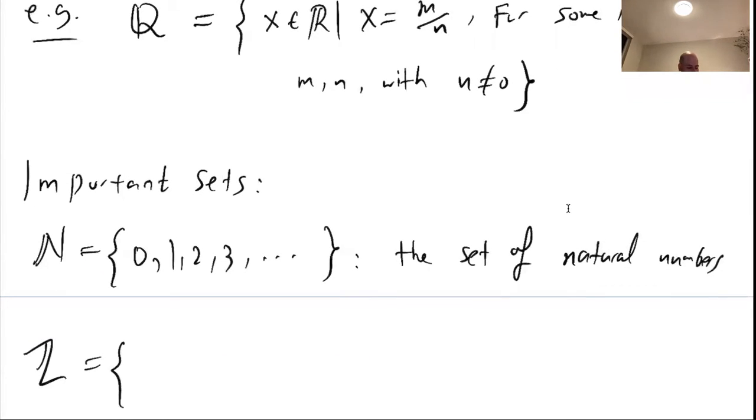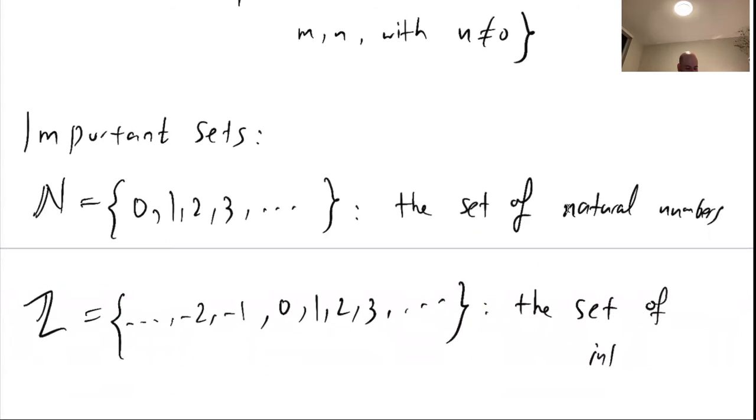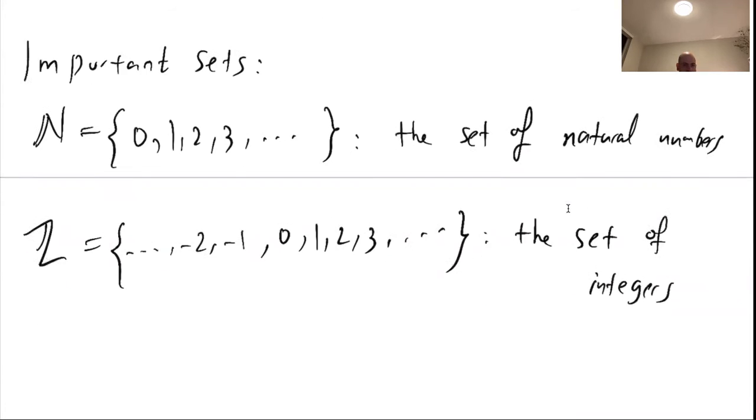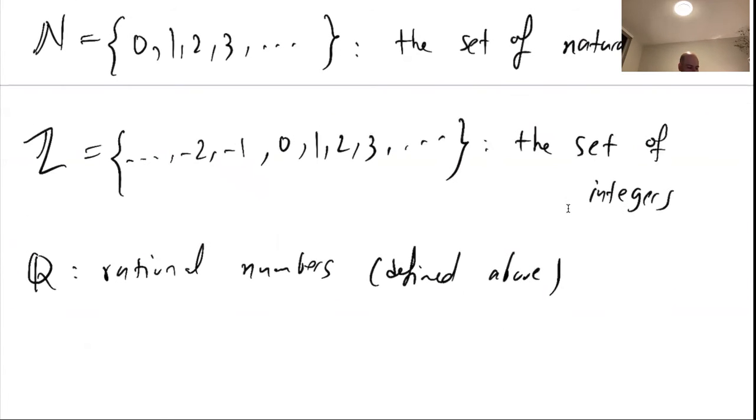What is the set of integers? 0, 1, 2, 3, and also -1, -2. So this one is the set of integers. And then Q is for rational numbers, which we defined above, right? And also R, the set of real numbers.